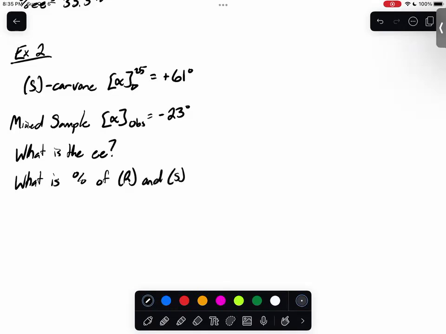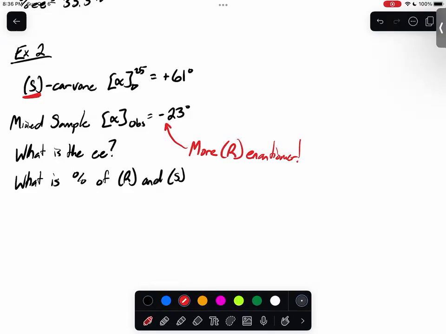The first thing we're going to do is take a look at our observed rotation, right? Because it has a negative symbol and our specific rotation has a positive. So what this is telling us is S carvone is the one with the positive rotation. So this is telling us this has more R enantiomer in the mixture. All right. It's always good to identify this at first. It helps you set an idea of what it should be.